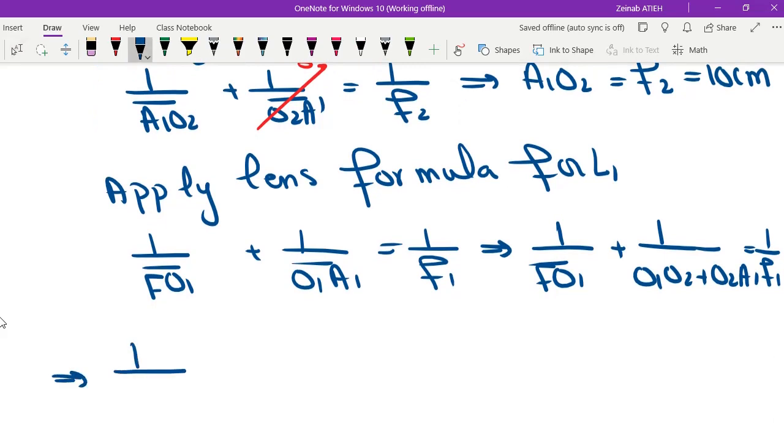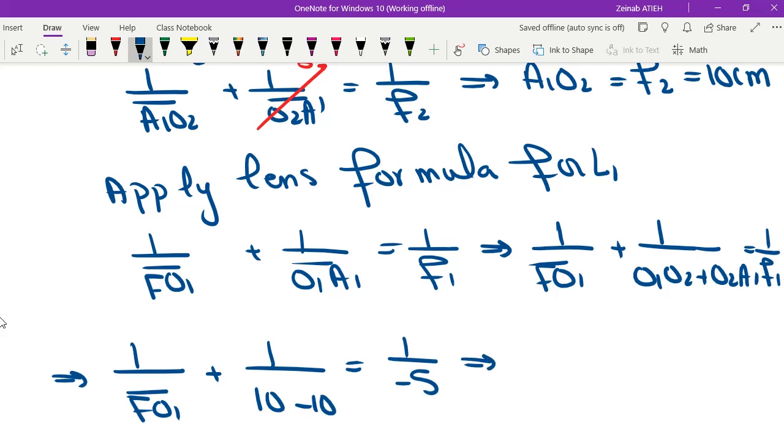This implies 1 over FO1 plus O1O2, which is 10. I already found A1O2, which was 10, so O2A1 is minus 10, equals 1 over minus 5.